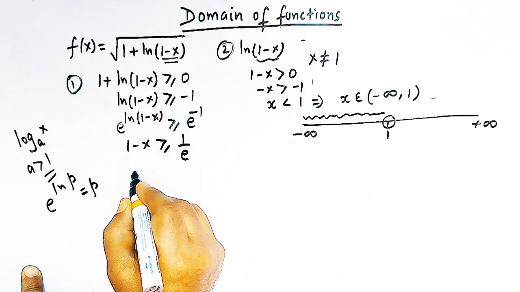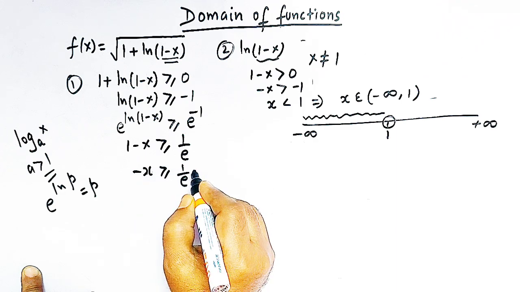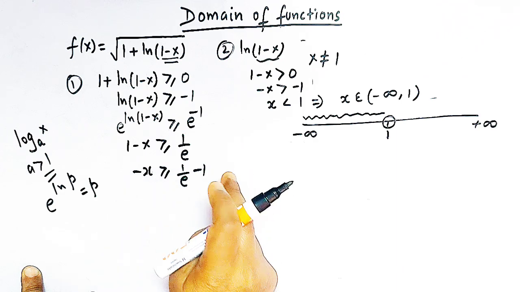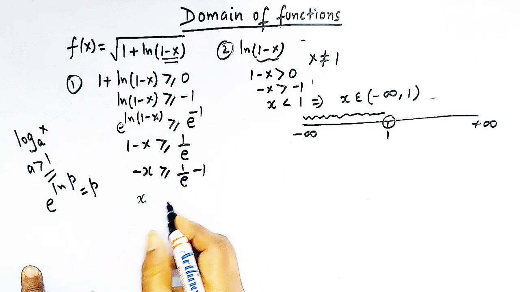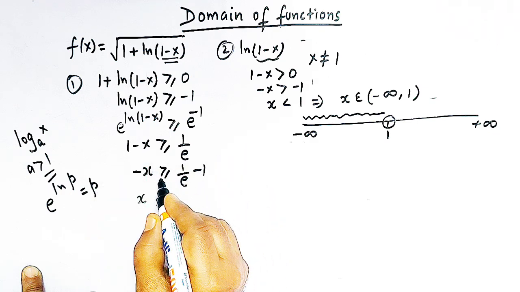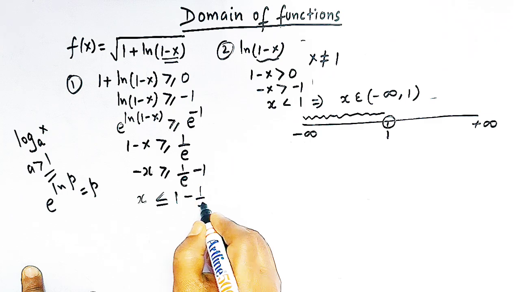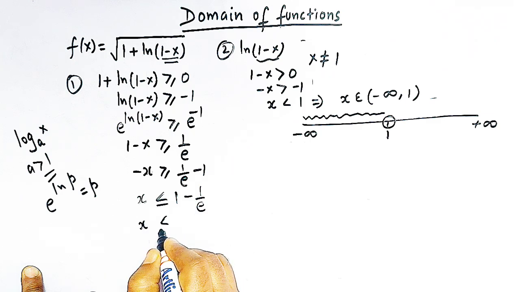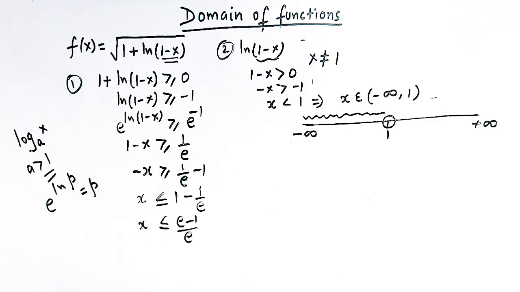So we can write minus x greater than or equal to 1 over e minus 1, and again multiplying both sides by negative 1, the direction of the inequality gets reversed, and we have x less than or equal to 1 minus 1 over e.